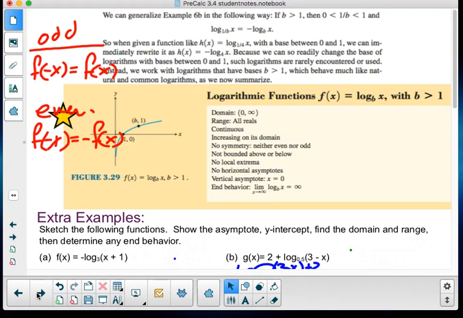Now, in this, I've got even and oddness going on here. I just wanted to make sure you get that in as review. We're going to be getting to the final, but just keep in mind, that's why when I say, hey, symmetry, even odd, that's where I'm going for. It's not bounded above, nor below. There's no local extrema. There's no horizontal asymptote, but there's a vertical.